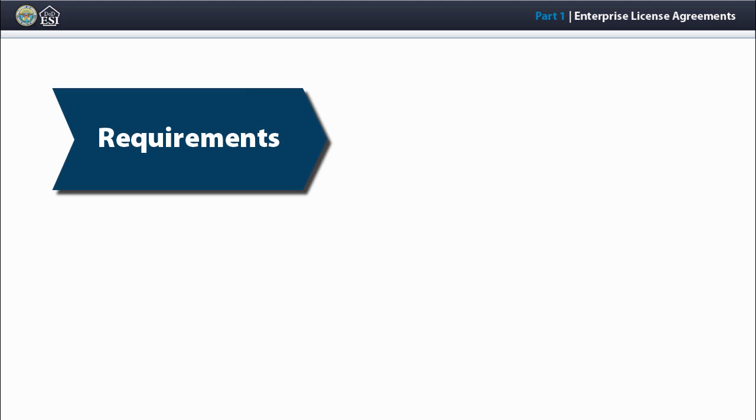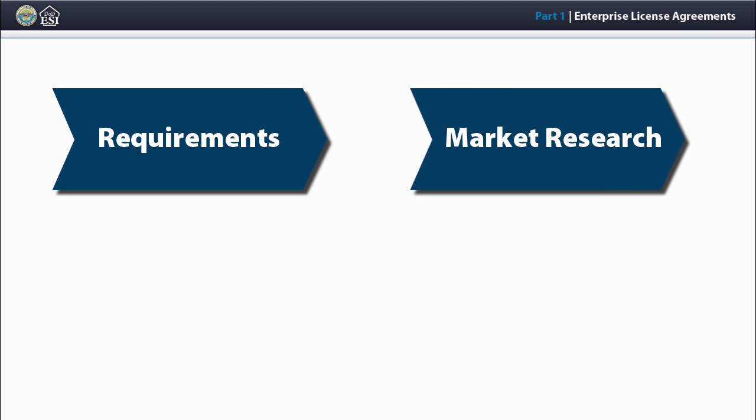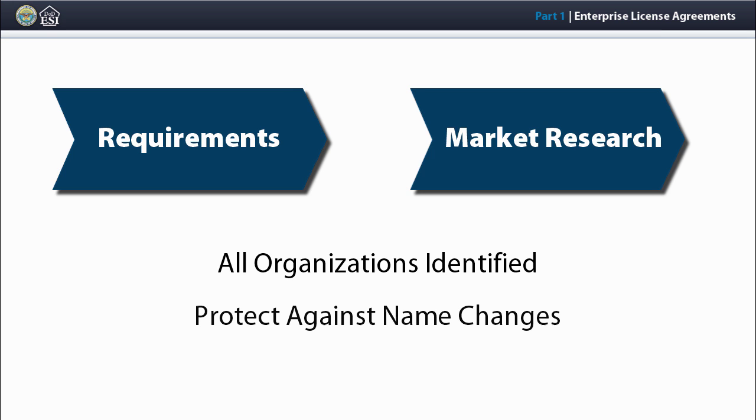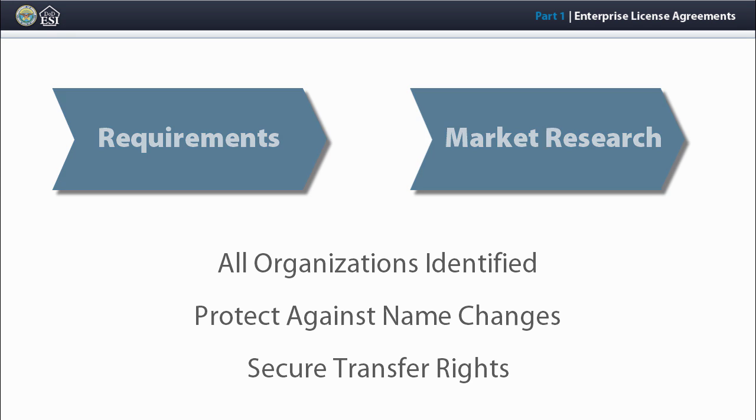Extensive requirements gathering and market research efforts are required to ensure that all organizations that will use the software are identified. Contract language should be included to protect you if you make changes to your program or organization name. Be sure to allow for the right to transfer licenses without additional cost, especially if team members move across the enterprise.